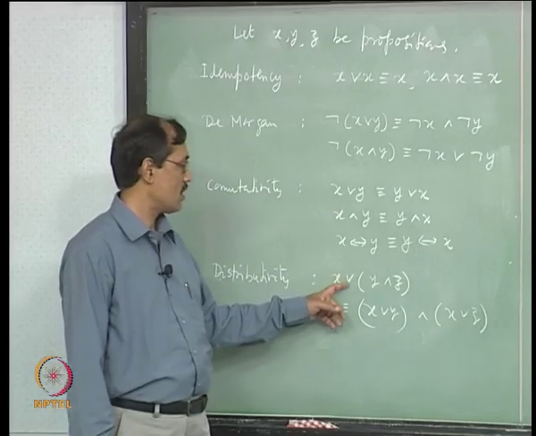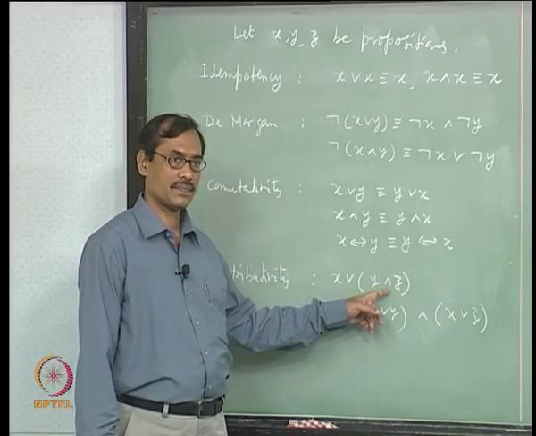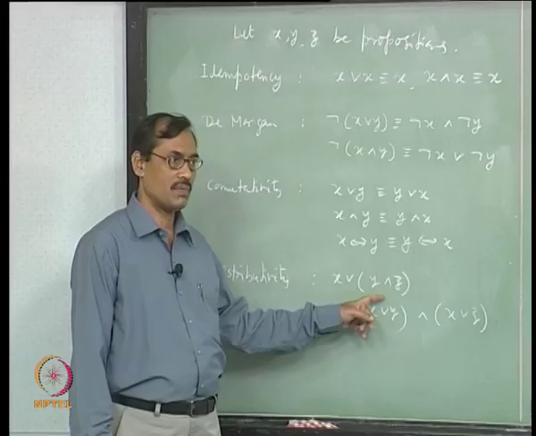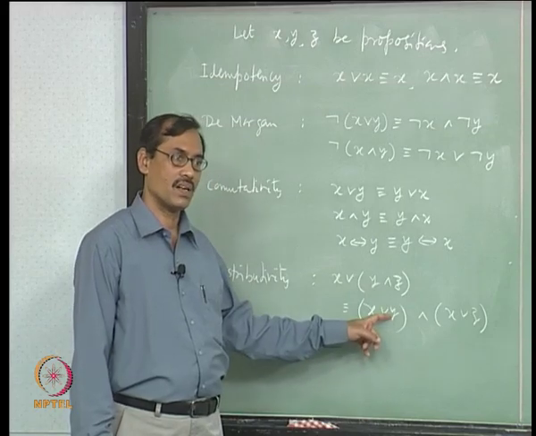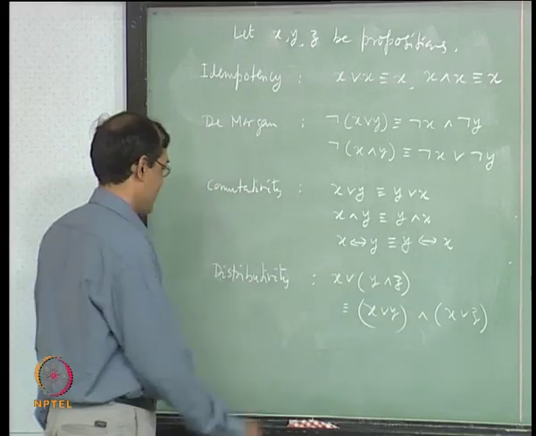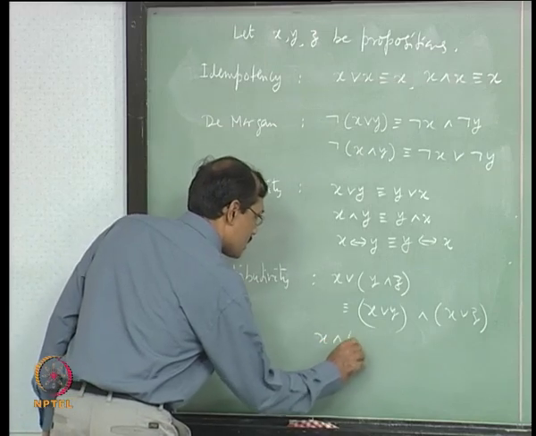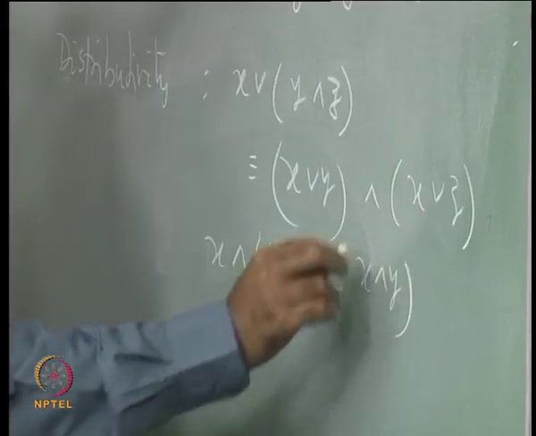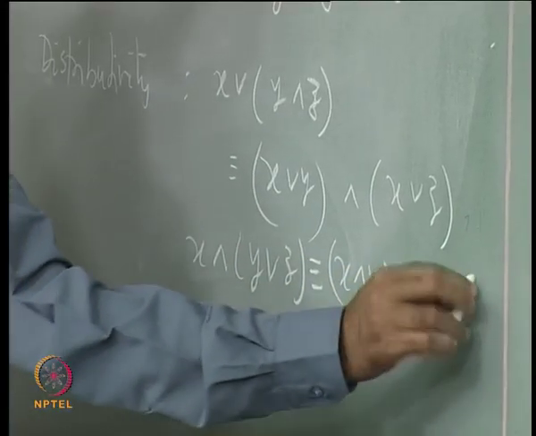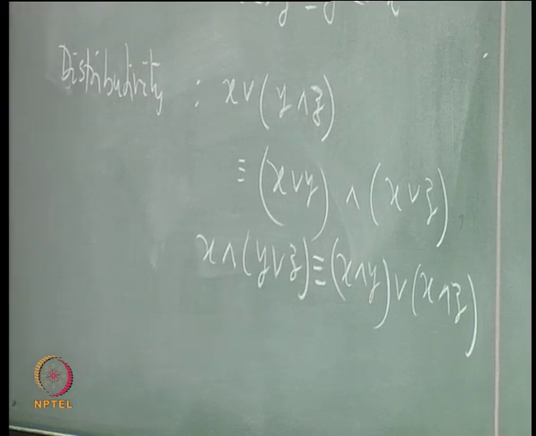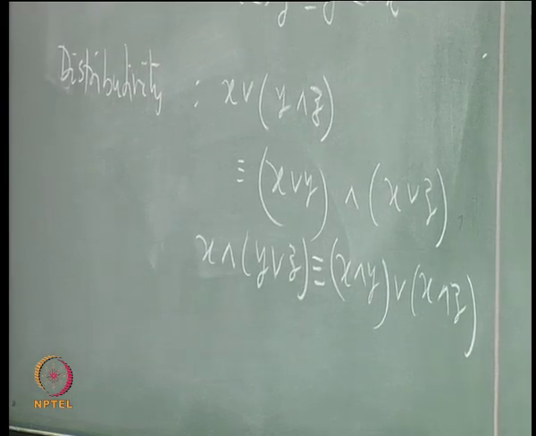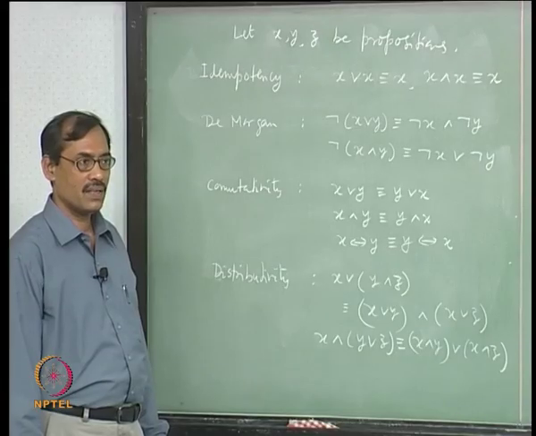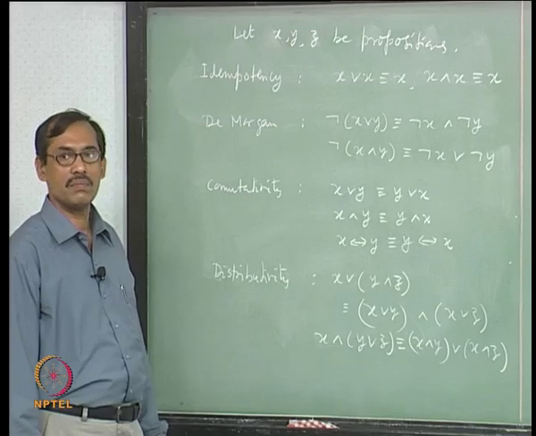Okay. In such case, you say or distributes over and, like your multiplication distributes over addition. Similarly, and also distributes over or, unlike the arithmetic. So, we say x and y or z is equivalent to x and y or x and z. Even implication distributes over itself. Yesterday we have seen x implies y implies z will be equivalent to x implies y implies x implies z.